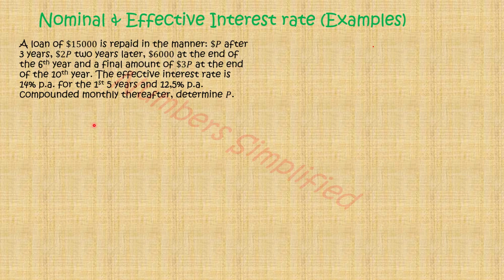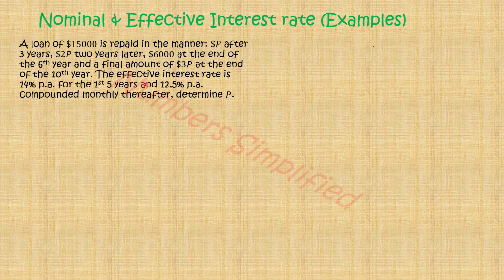It is crucial that we understand the question first. So the question goes like this. A loan of $15,000 is repaid in the manner $P after 3 years and $2P 2 years later, $6,000 at the end of the 6th year, and a final amount of $3P at the end of the 10th year.